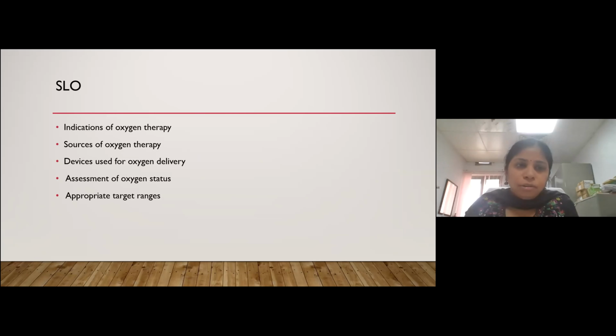So we will again go through these oxygen delivery devices and a few differences and charts about what changes are required when we consider children.